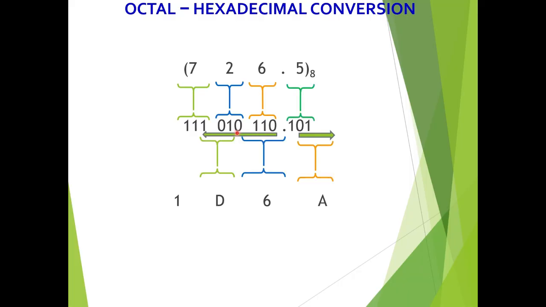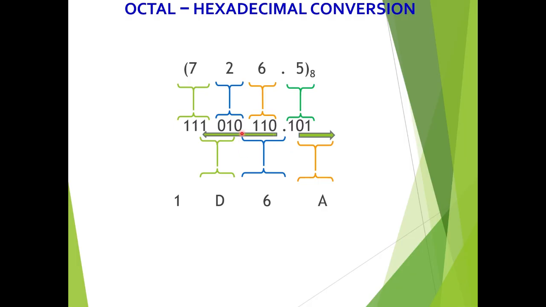So 0110 is one group, then 1101 is another group. For that the value is D for 1101. You can refer to the table before. Otherwise, just remember 8421, put that value and find out.